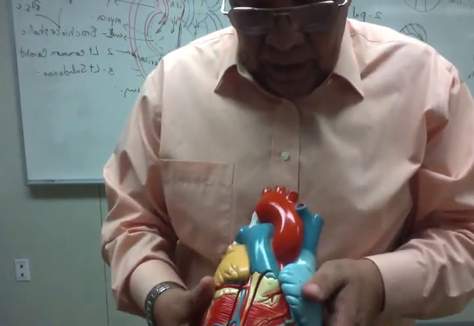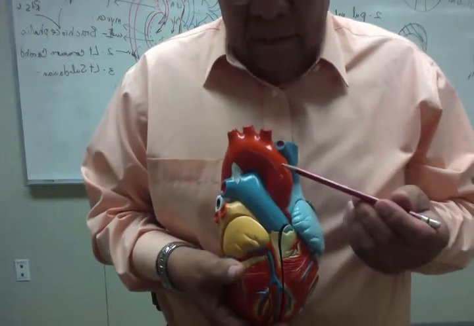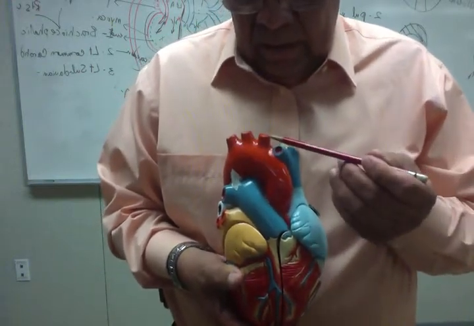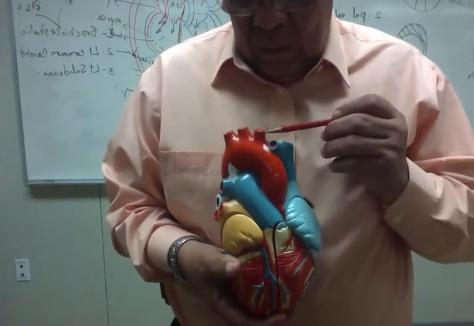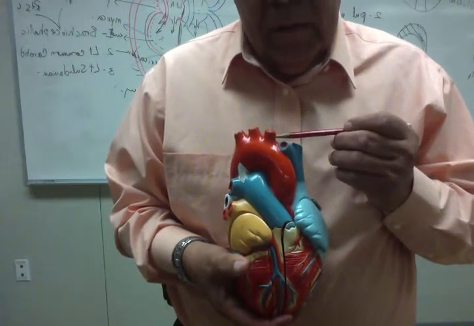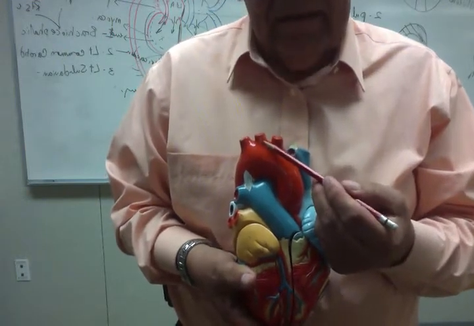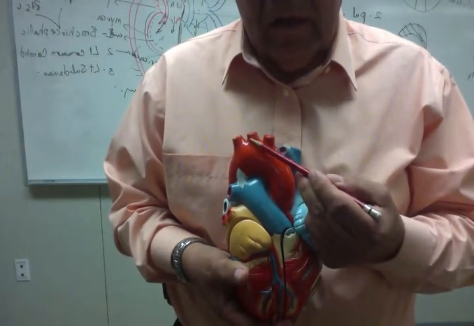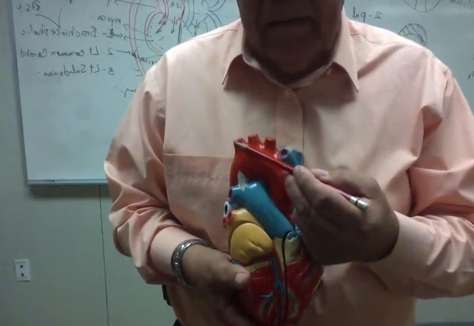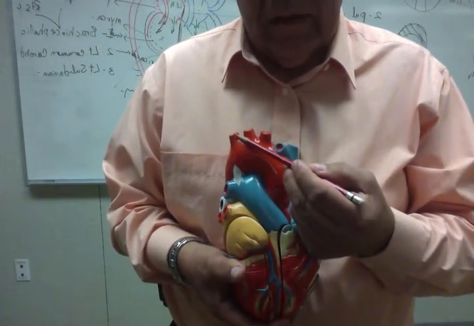Branches come out from the arch of the aorta. There are three main big vessels. The most right one is called the brachiocephalic. The second, in the middle, is the left common carotid. The most left one is the left subclavian artery.